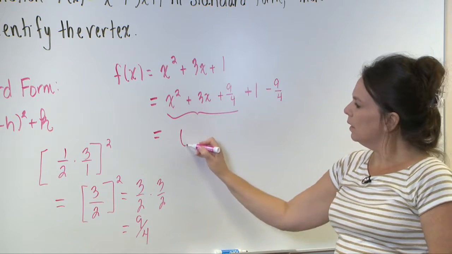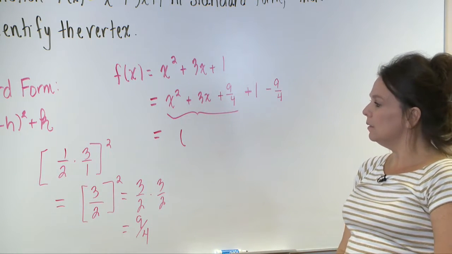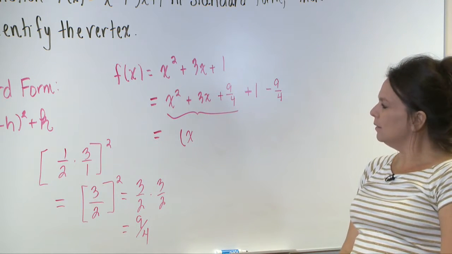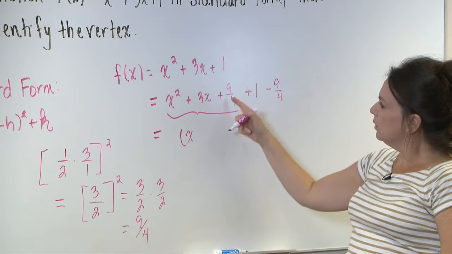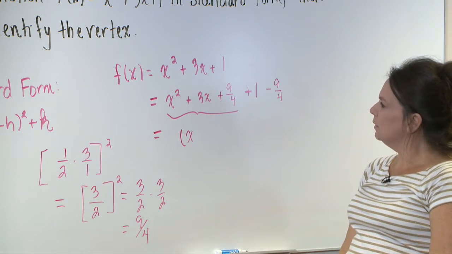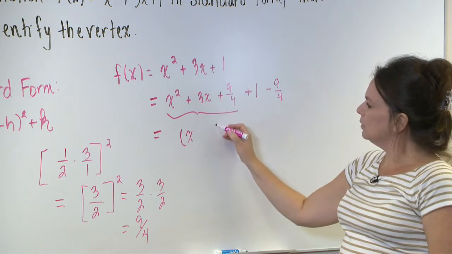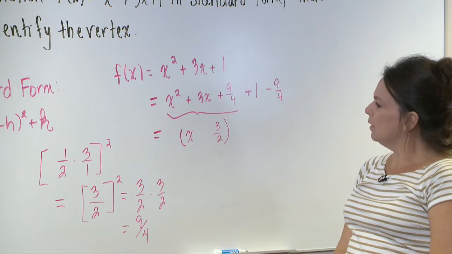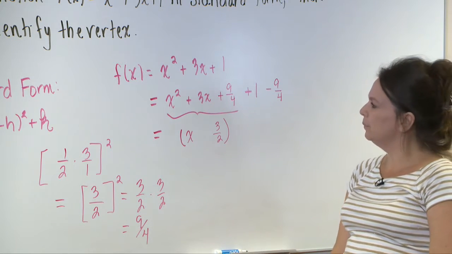So that is x times x is x squared. So the first term of the binomial is x. And 3 halves times 3 halves is 9/4. So I have 3 halves as the second term of the binomial.